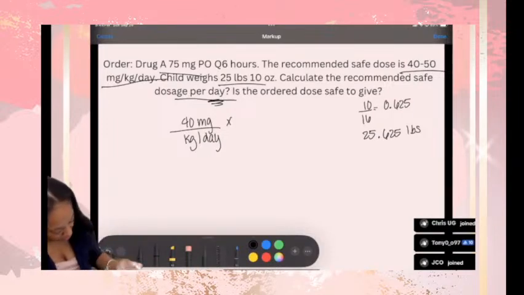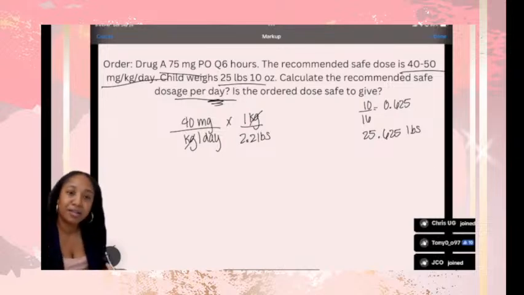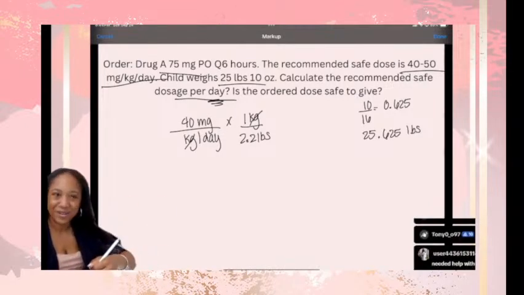Okay? So now we got kilogram right here. We need kilogram at the top and pounds at the bottom, so we can cancel our kilograms out, okay? Are y'all getting dimensional analysis? Is it making more sense as you continue to see it over and over again? Y'all let me know, okay?